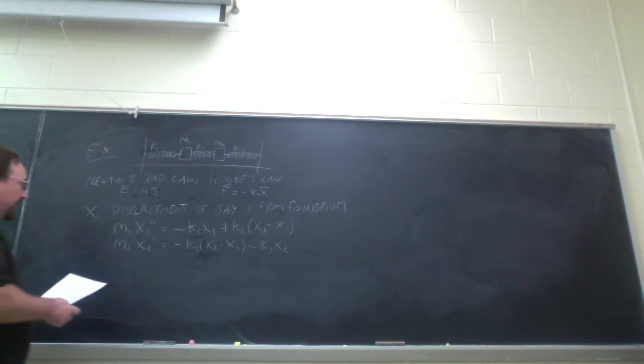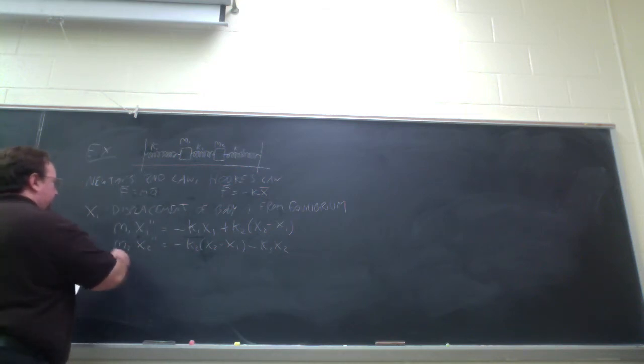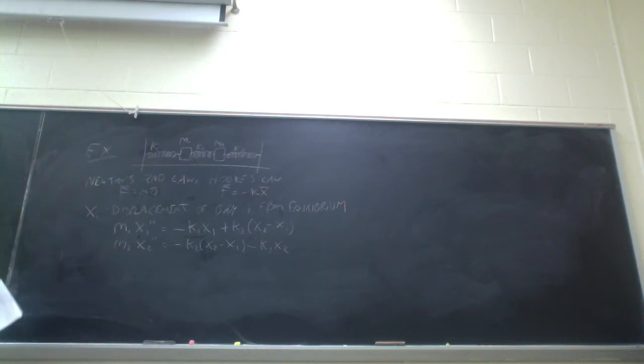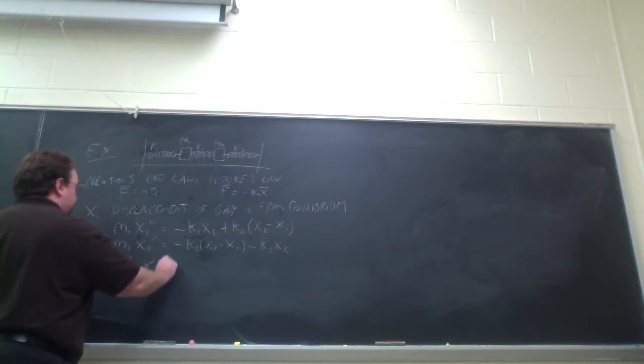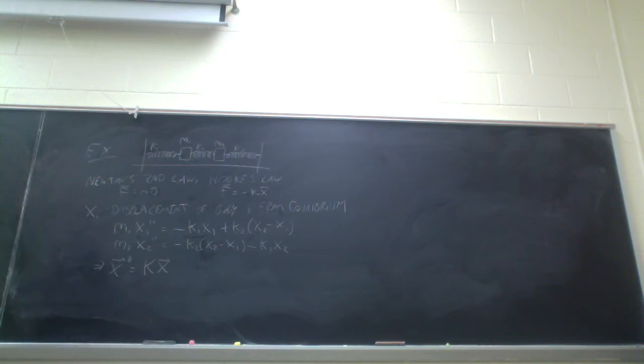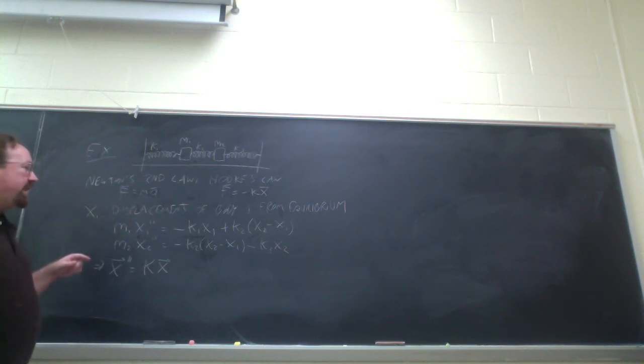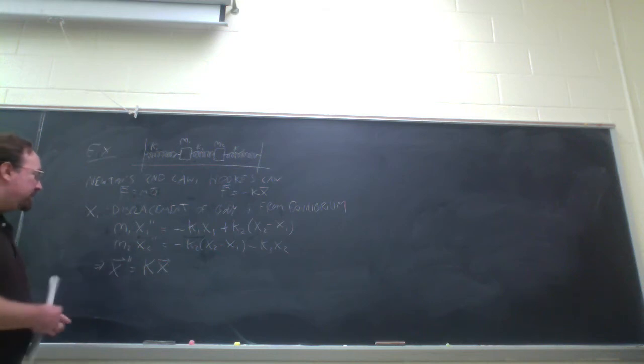So now what you can do is express this as a second order system in matrix vector form. I can say x double prime is equal to K times the vector x. So similar idea, I can just see what is multiplying what in each equation, except don't forget about the m1 and m2 out here. So really you should divide by these first.